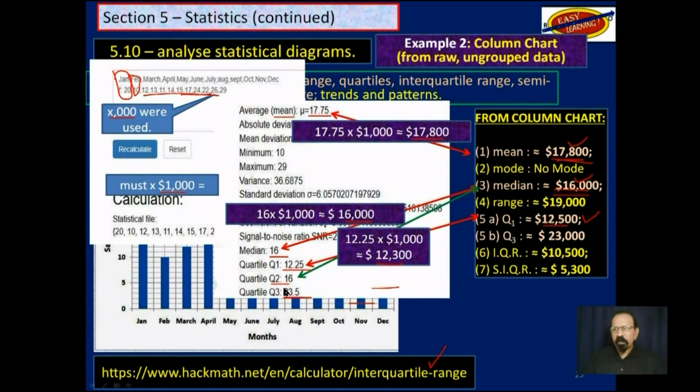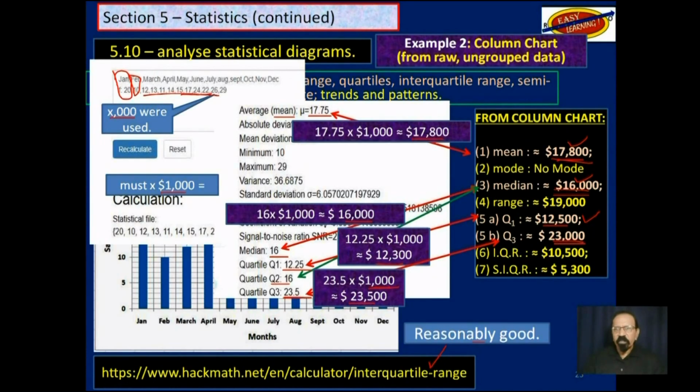Q3, 23.5% multiplied by 1,000, 23,500. And here we had just 23,000. So we are a little off. Reasonably good so far. Let's look at the rest of the information we wanted.